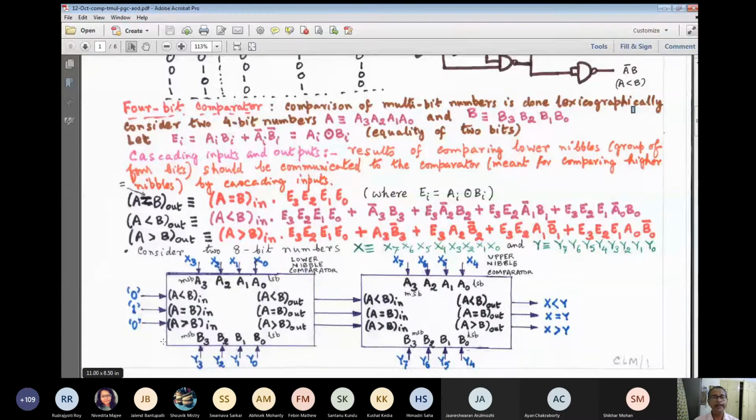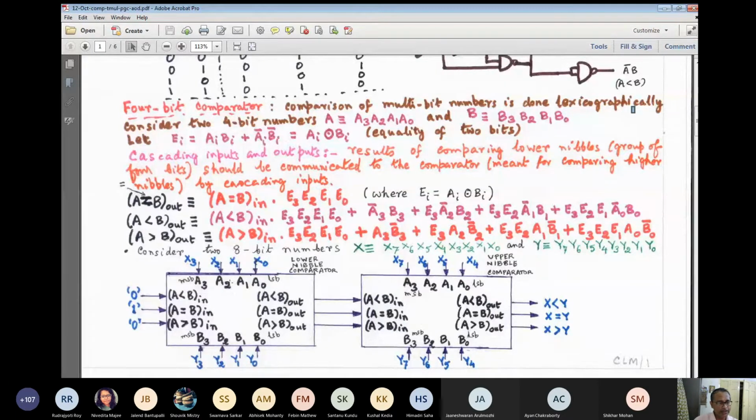Clear? Now, to put it more concretely, suppose we want to find out, say two numbers are there, we call them X and Y. Then the result of comparing the lowest significant nibble, namely X3, X2, X1, X0 and Y3, Y2, Y1, Y0, we call a lower nibble comparator.